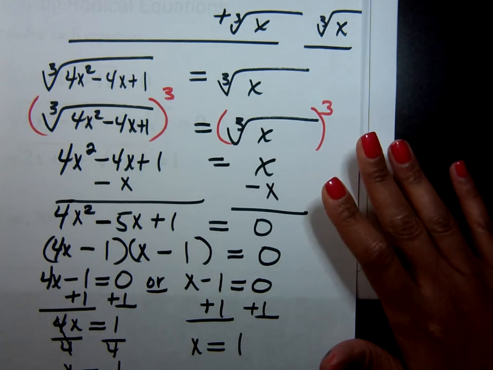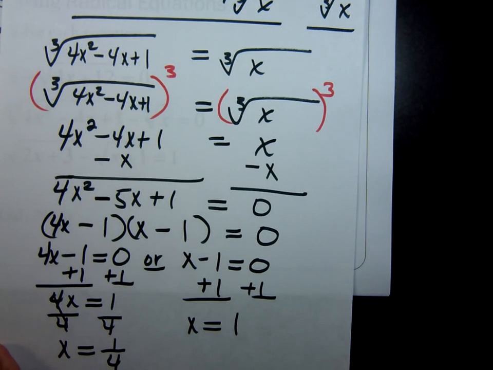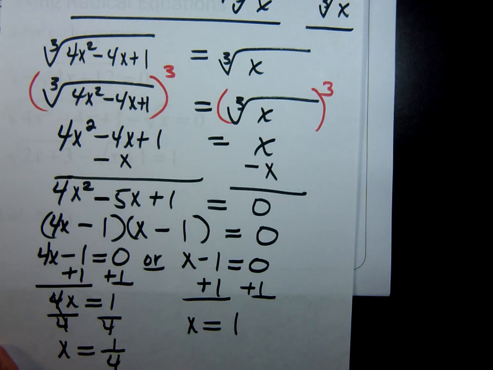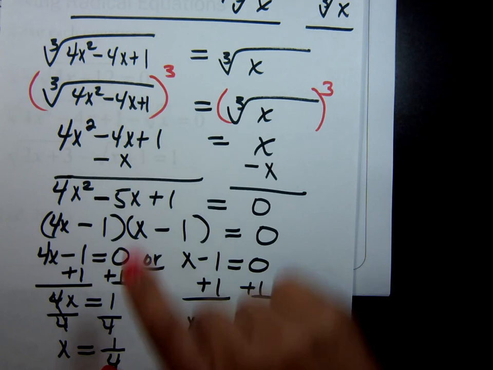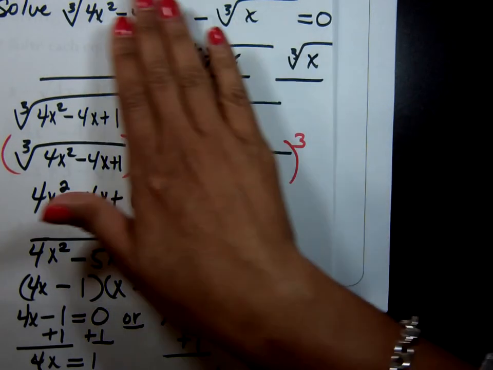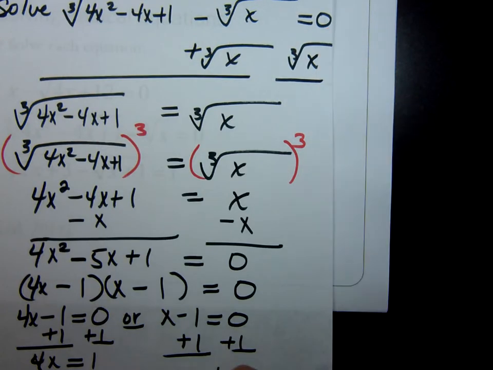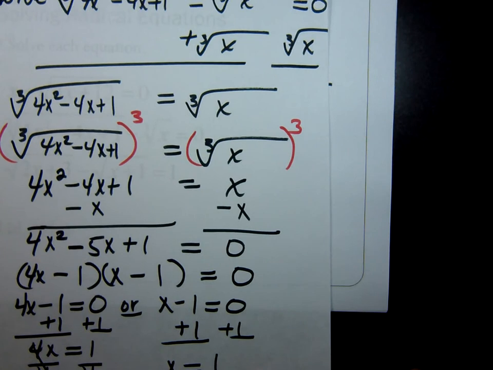Now, don't forget, I'm not going to check these with you, but you must check your work. You can check it in your graphing calculator as I showed you before, or you can substitute, as in the previous example, 1/4 first into our original equation and see if the left side equals 0. The left side equals the right, and it will. Then do the same with 1.